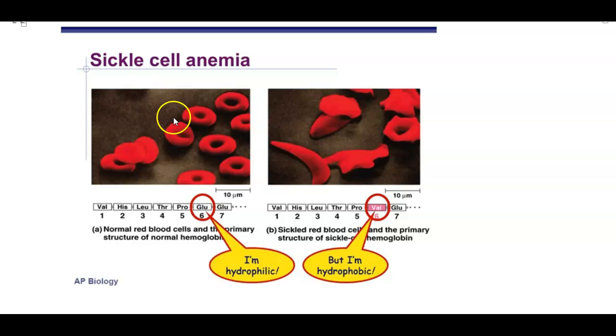So this is what the normal blood cells look like, nice and round. Look over here. That's why they call it sickle shape. Look what happens. It looks like a sickle. Because that change of the amino acid changed it from hydrophilic to hydrophobic. And we'll see that has many, many effects.